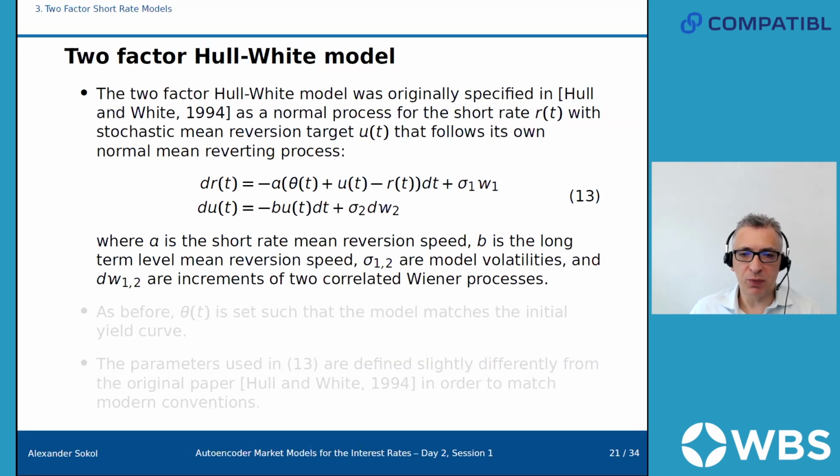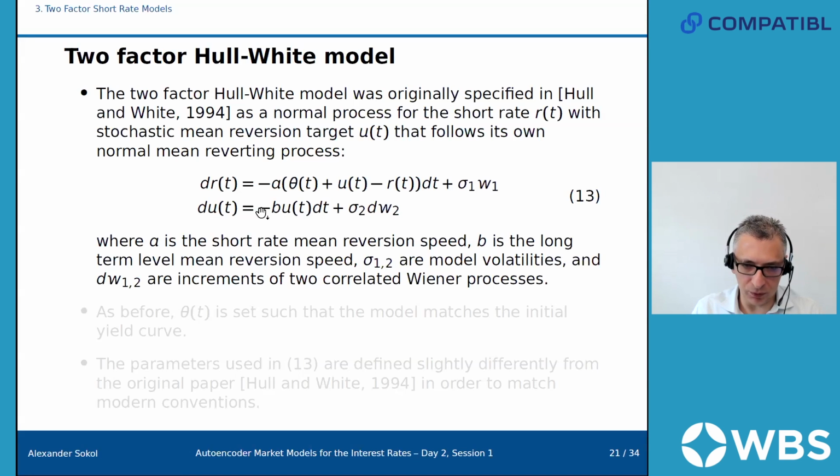It was specified as a mean reverting normal process where the mean reversion target is also stochastic and is also a normal mean reverting process. And for the second process, the mean reversion target is constant. With normal, you can basically add and remove constants here, so the second one is actually reverting to zero.